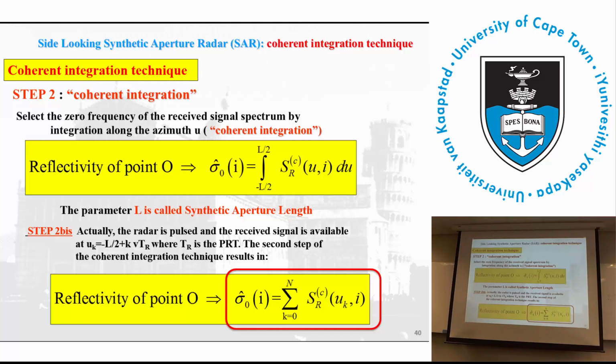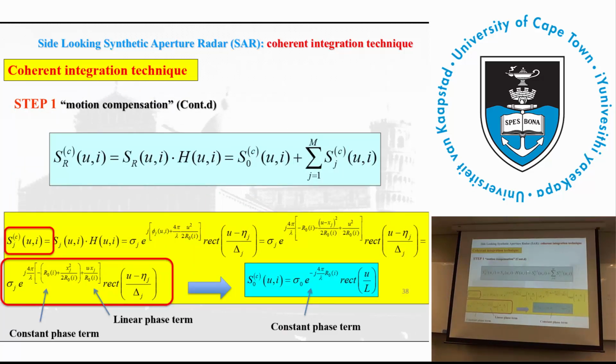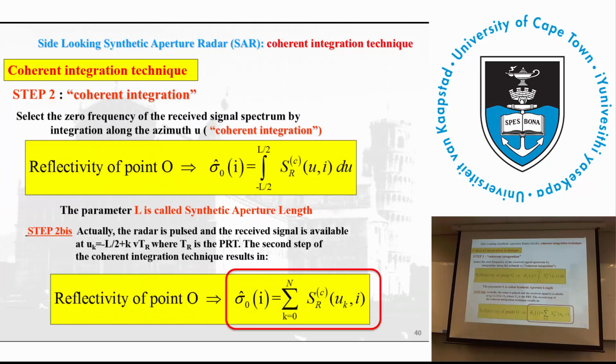Now assume here I've got a continuous value of U, but if this is discretized, and that's the case, you substitute this with a sum. In fact, if you integrate this now, you obtain an estimation of this point O, of the sigma point O. Why is this only an estimation? It's not exact, because it would be exact if you only had this term. But because of this, you get some nuisance. But adding up these components, as it will be clear in a moment, okay?